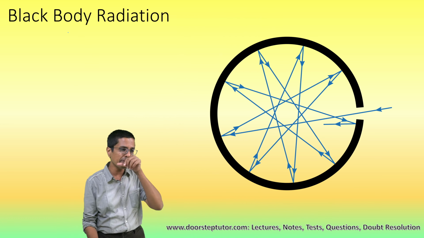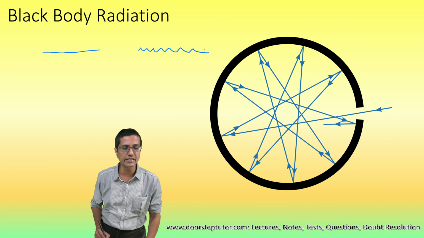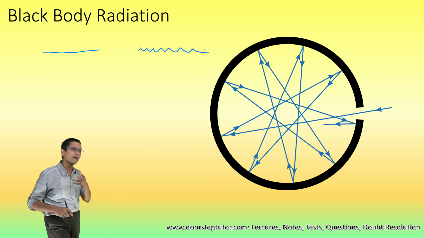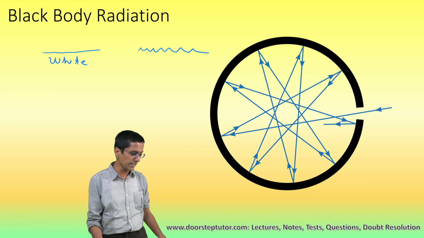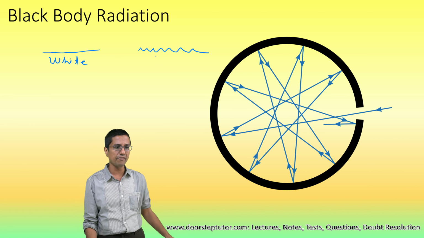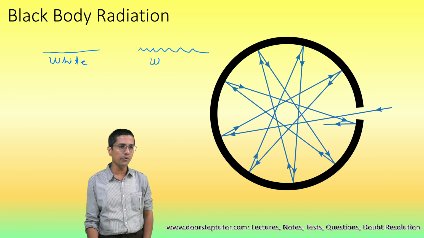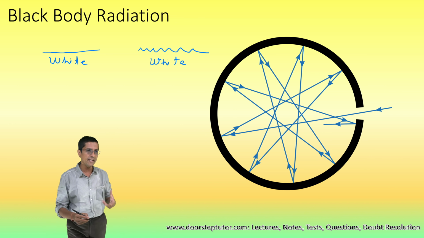Now another kind of question which is asked is about smooth versus rough surfaces. There are two kinds of surfaces, smooth and rough. Let's say that they are both white, for the purposes of our discussion. One is rough white, the other is smooth white. In both cases the reflection is happening, and both objects are not absorbing any kind of radiation, any kind of color.